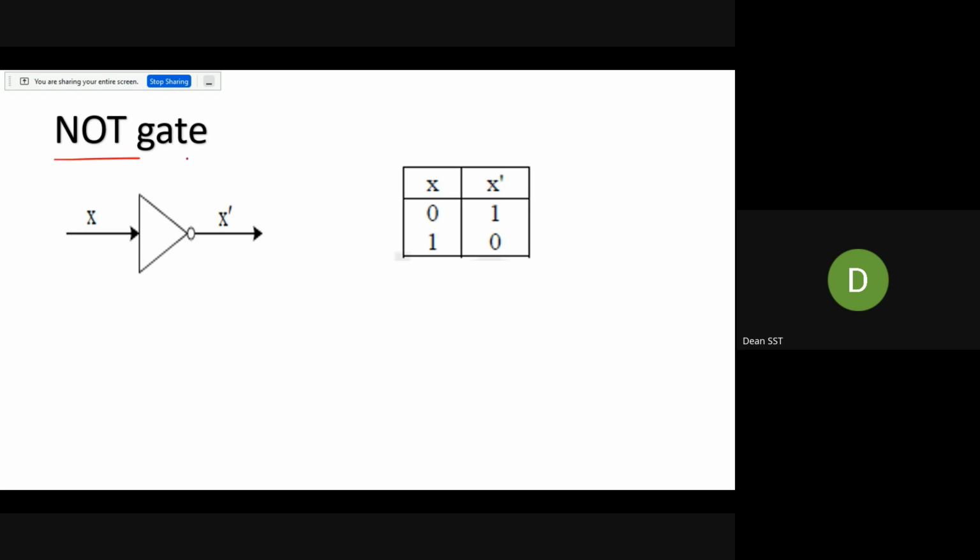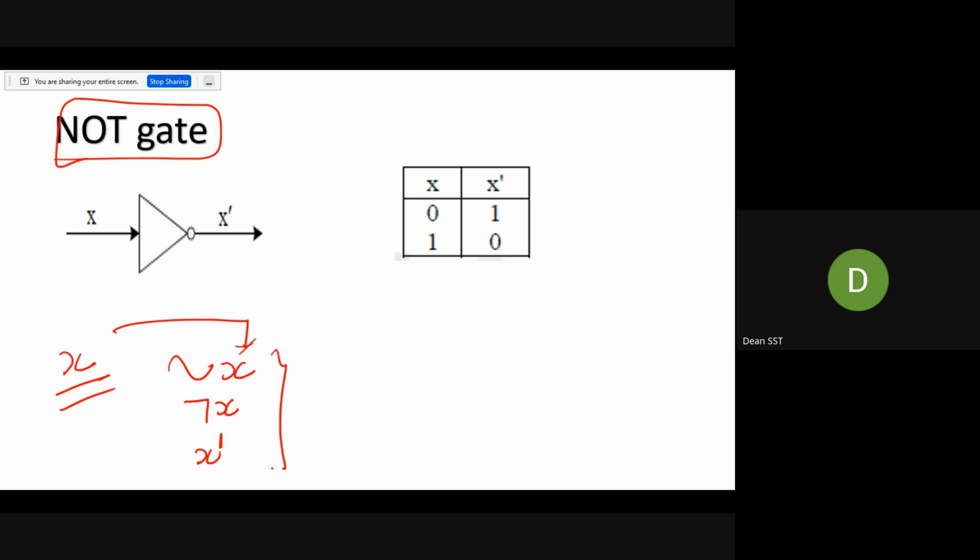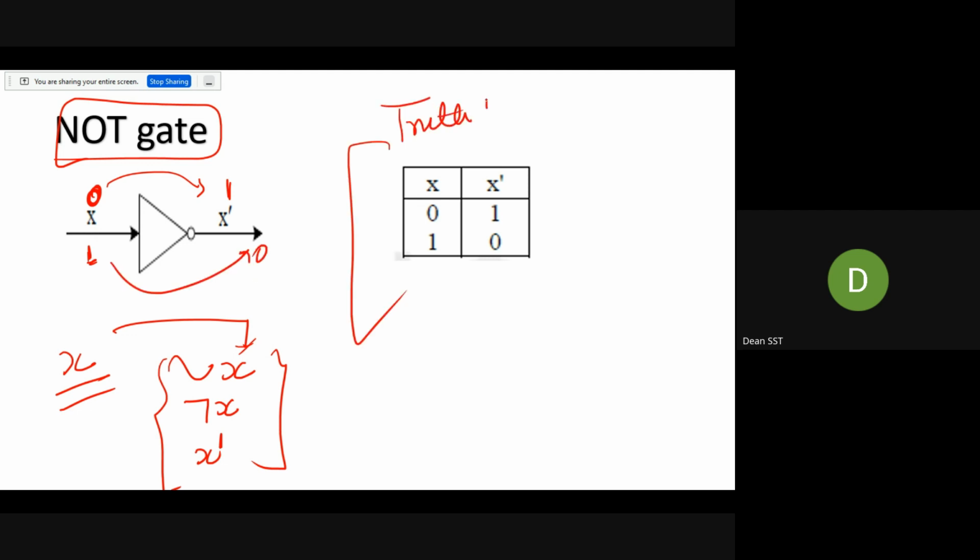Then the NOT gate. NOT X is represented as NOT X or X complement. These are the ways in which we represent it. If the input is 0, the output will be 1. If the input is 1, the output will be 0. This is represented in the form of a truth table: X and X bar.